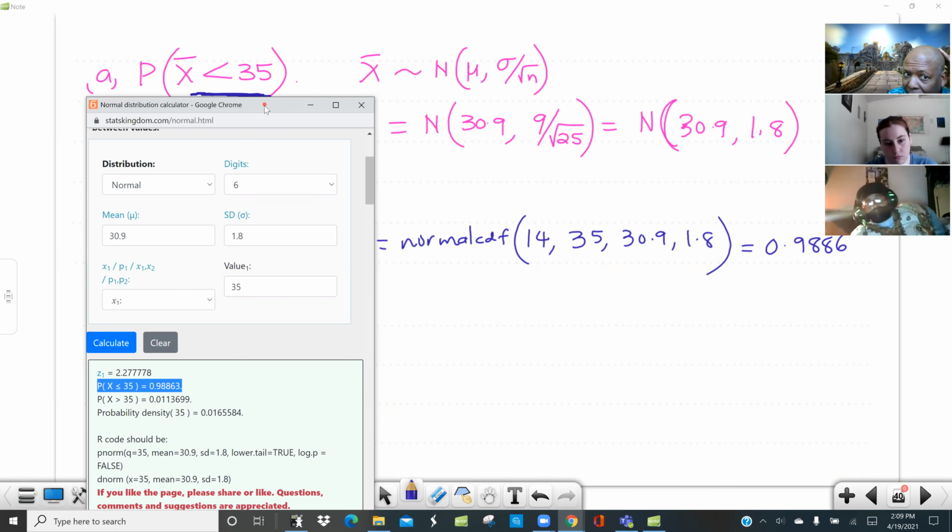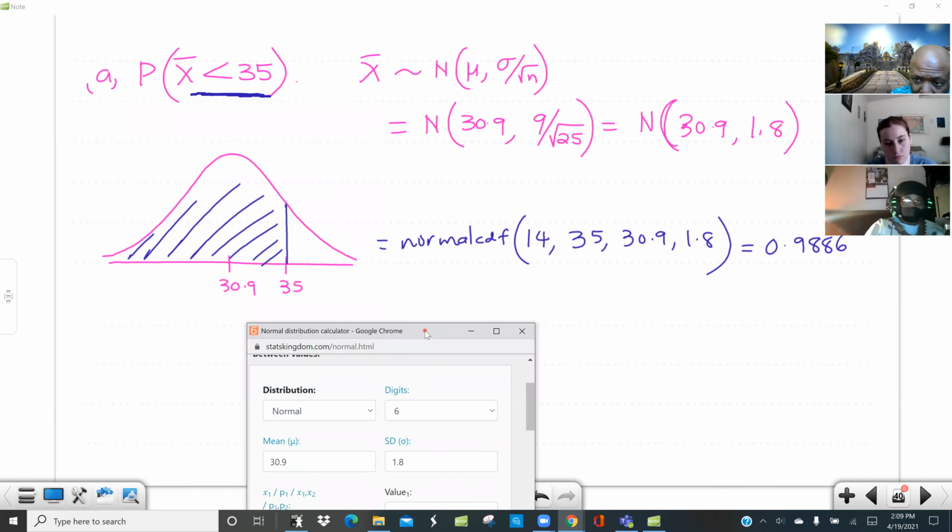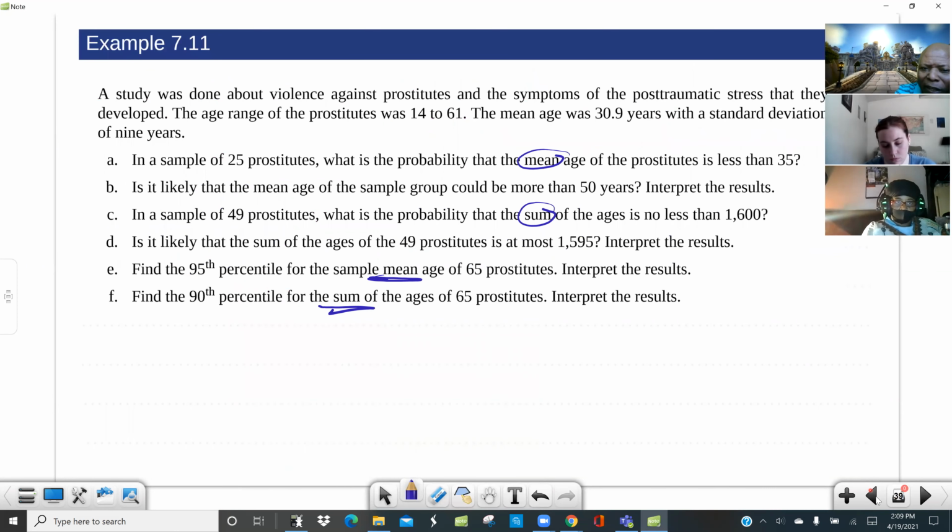This is very interesting. If you take groups of 25 prostitutes, 99% of all the groups of 25 prostitutes will have an average age less than 35 years. And yet, individually, they range from 14 to 61. But what is this person doing on the street? 61 years old?